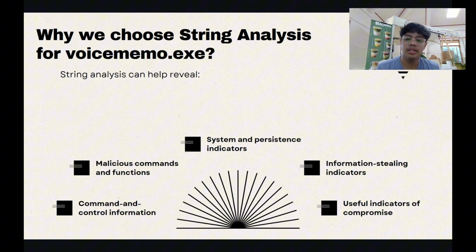And last but not least, this string analysis will help us to reveal the useful indicators of compromise, IOC, which means extracted file names, domains, IP addresses, registry keys, and other unique values can help security analysts like us detect the malware on other systems.